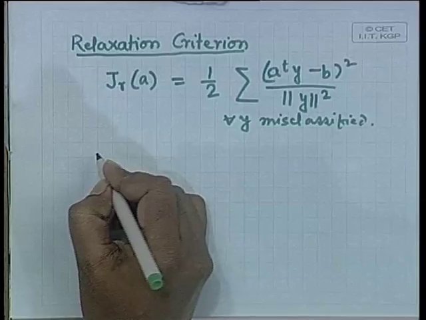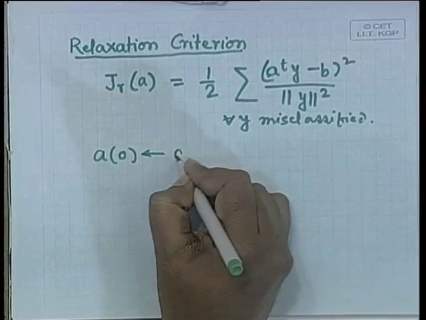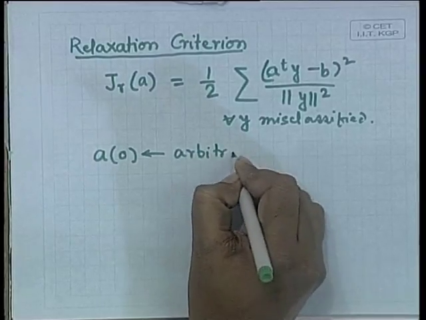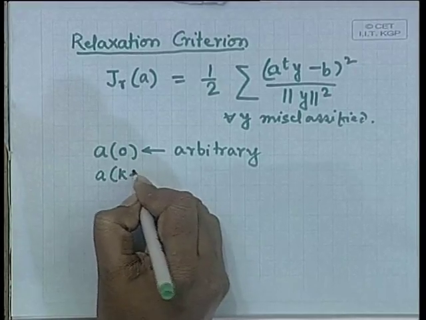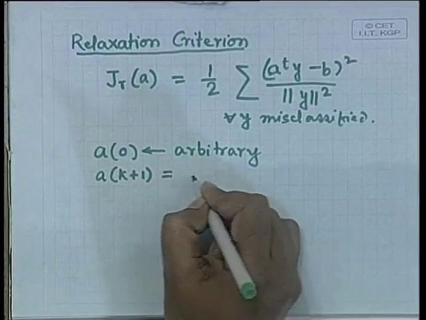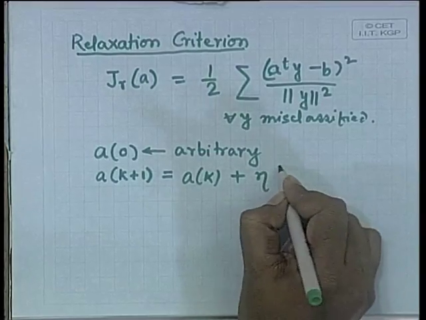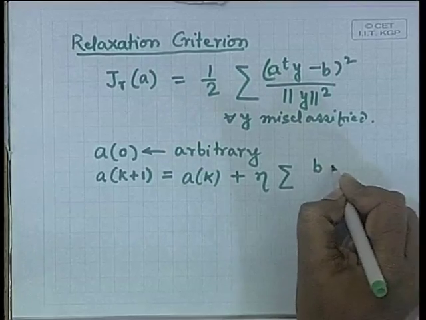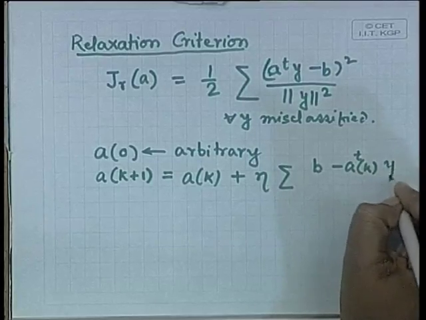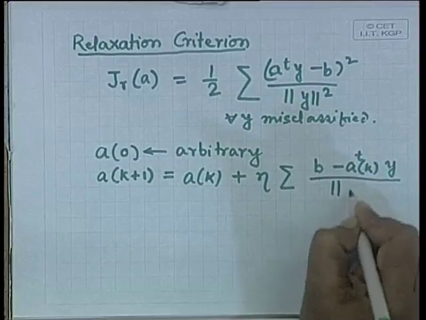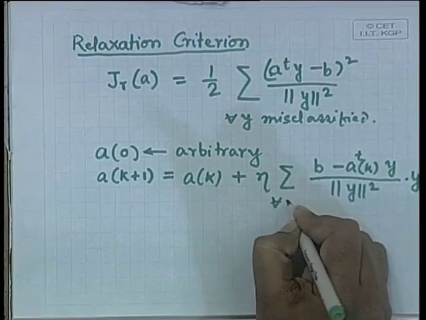So, we have this relaxation algorithm, which is given as A 0 is chosen arbitrarily, and then we have this iterative approach, that is A k plus 1 is given by A k plus eta times summation of B minus A k transpose y upon mod of y square into y, for all y misclassified.